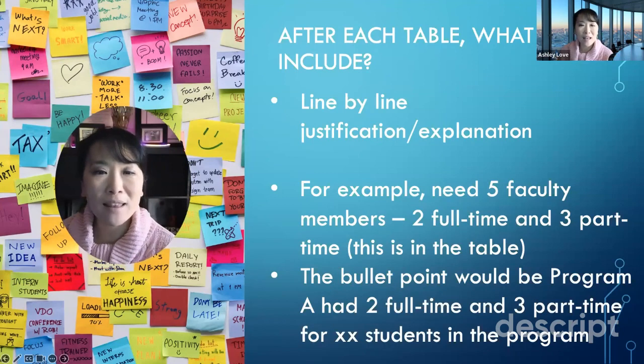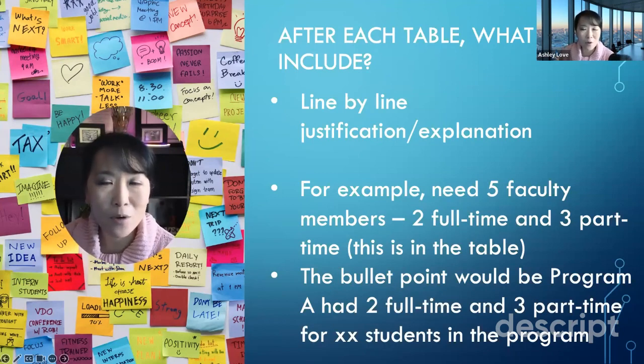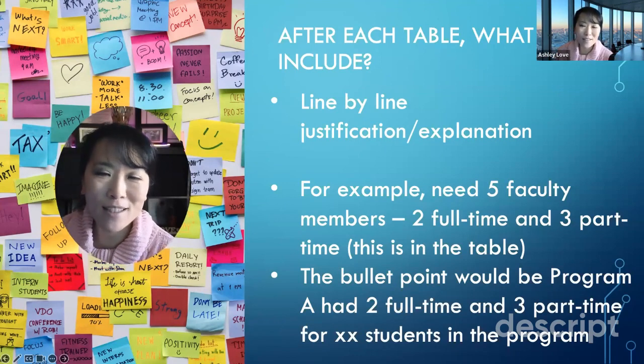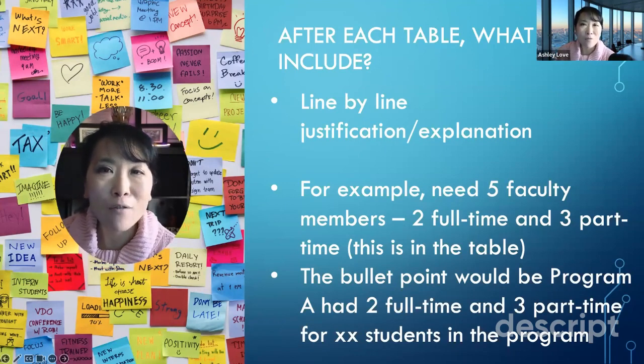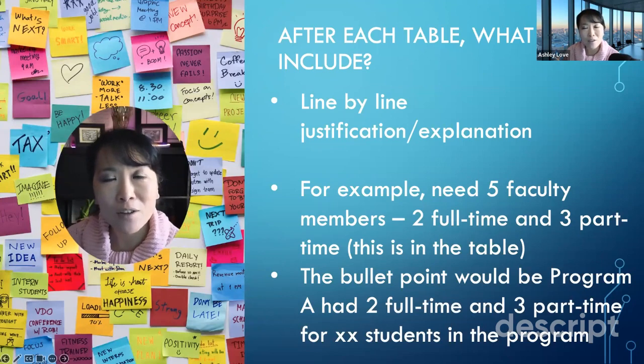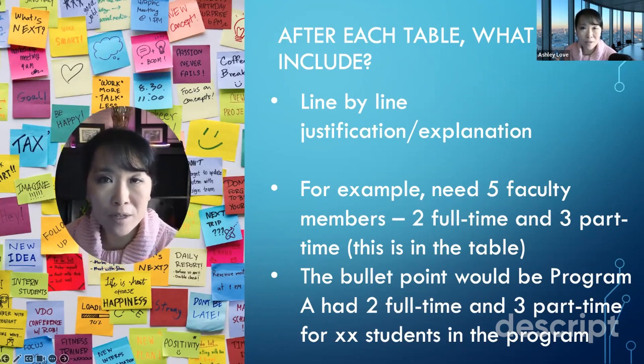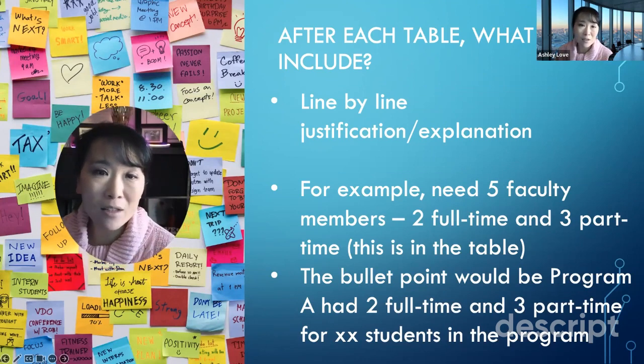What does this mean? Line by line justification. I don't want you to give me a long narrative. Basically, for instance, for your expenses, you decided that you need 5 faculty members, 2 full-time and 3 part-time, for instance. That's in your expenses table, let's say.